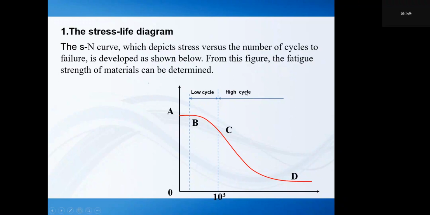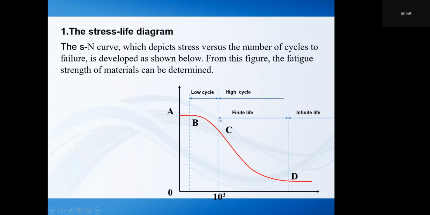The number of cycles is greater than 10 to the third power. And the high cycle fatigue stage can be split into two parts: the finite life stage and infinite life stage.